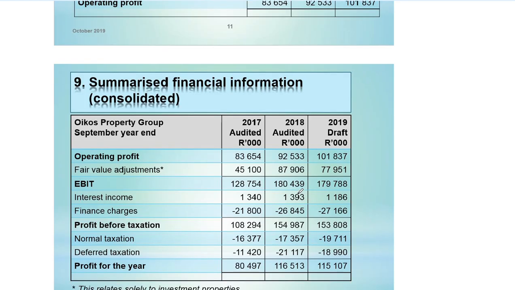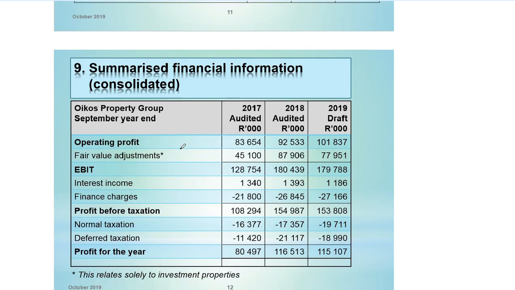When you move down, we're still given more information about the profit, the statement of profits and loss. We're seeing the fair value adjustment, and there is a star next to it, and they're saying this fair value relates solely to investment property. And what do we see?